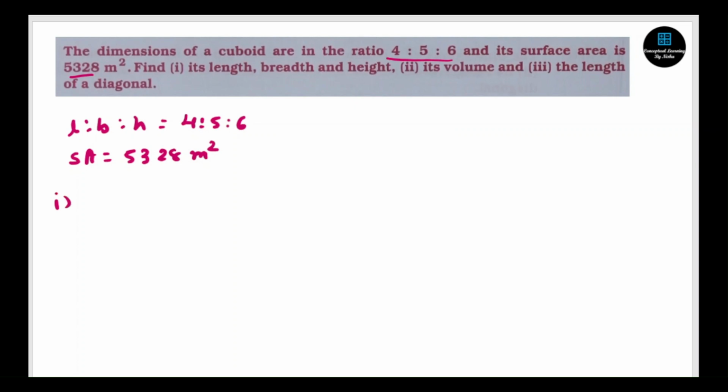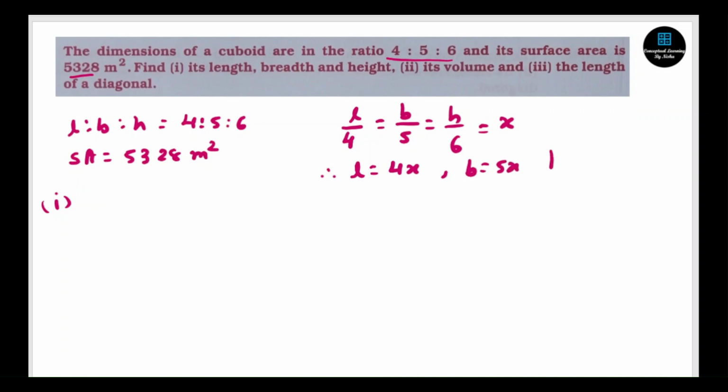So the first answer, now see, we are given this, okay, length to 4 equals to B to 5 equals to H to 6 equals to, we'll take X. So what I can say, L is equals to 4x, B is equals to 5x and H is equals to 6x.